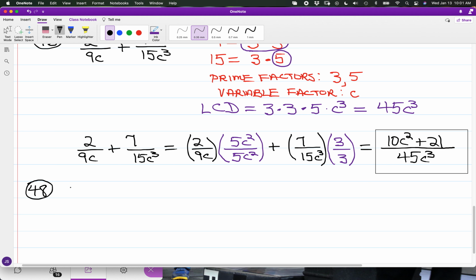Now in the case of 48, we have 4 over m minus 2 minus 3 over m. Okay. And now for the least common denominator. Okay, so you have just a standalone m, and we have times, okay, the other factor, which will be m minus 2.